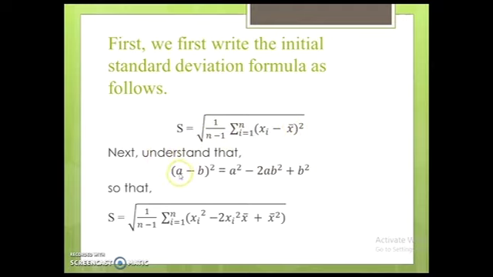Next, understand that a minus b squared is equal to a squared minus 2ab plus b squared, so that s equals the square root of 1 divided by n minus 1 sigma of xi squared minus 2 xi x bar plus x bar squared.